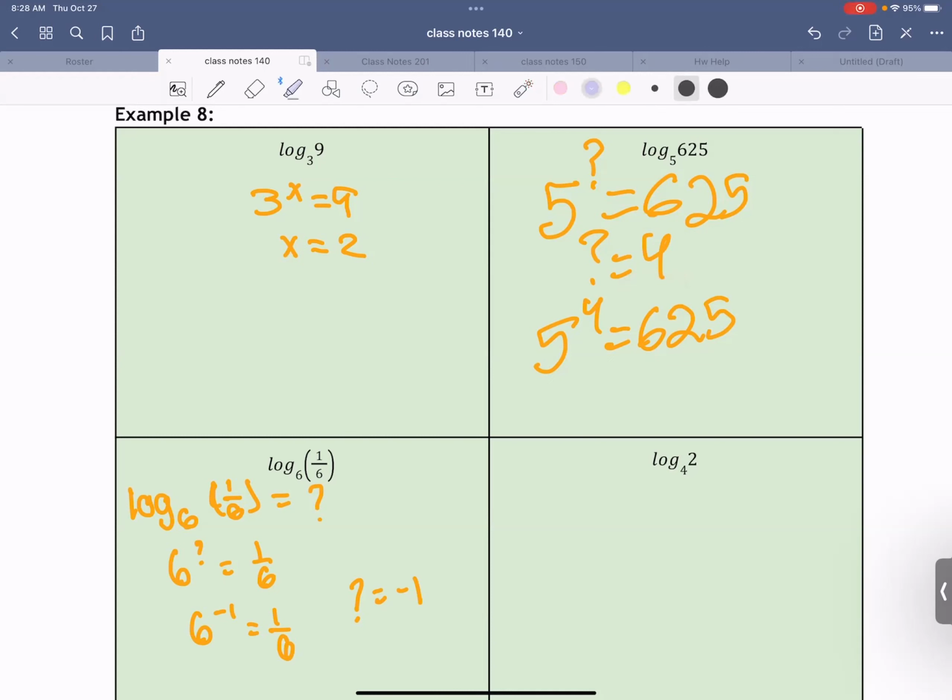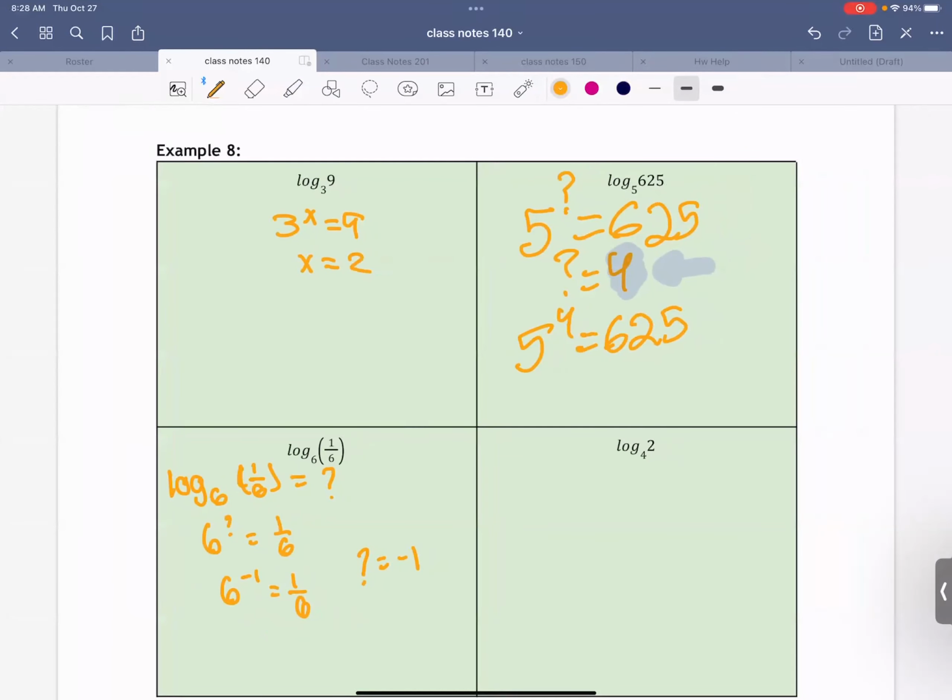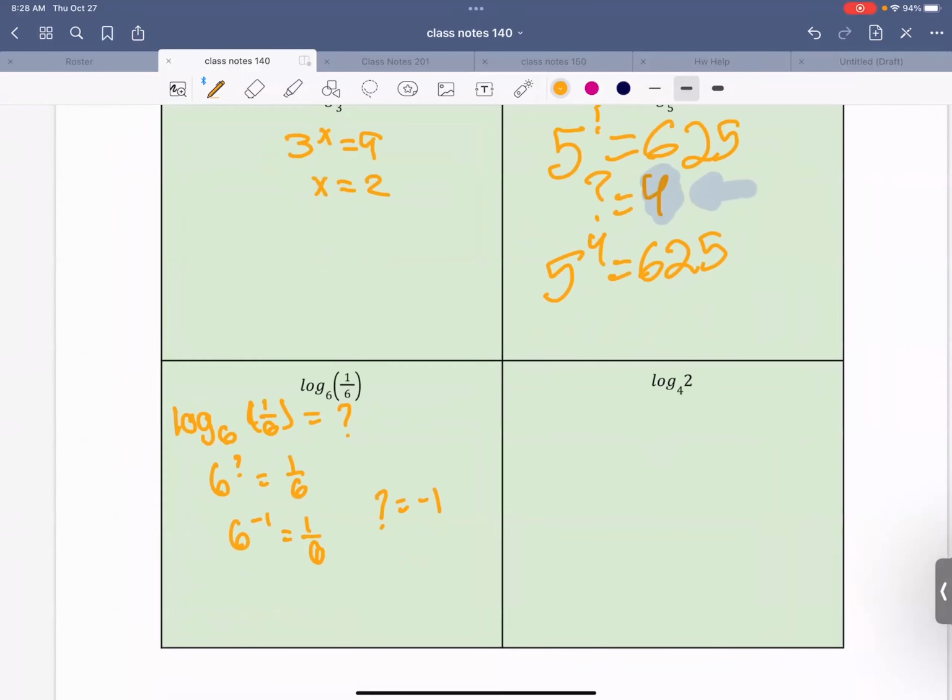Perfect. Now, one thing I want to say about Stephen's answer is the answer is 4, right? So I like how you wrote it out in exponential form. That's totally fine. But if you were to type this into WebAssign, you would write 4 as your answer. But very nice job there. Any questions so far?